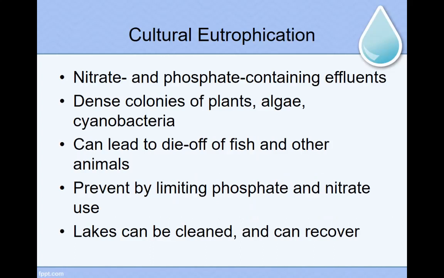This leads to dense colonies of plants and algae, especially non-natives and those that are tolerant to such conditions, and rises in cyanobacteria. This can lead to die-off of fish and other animals, and it can be prevented by limiting phosphate and nitrate use, especially in agriculture, near rivers or other bodies of water, and especially where the steeper slopes make it more likely that you'll get runoff into those bodies of water.